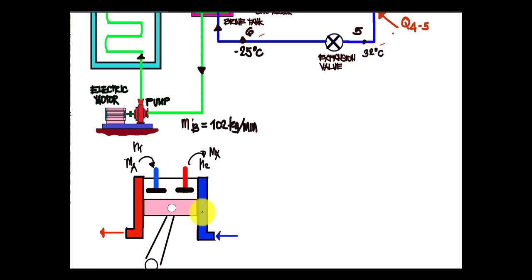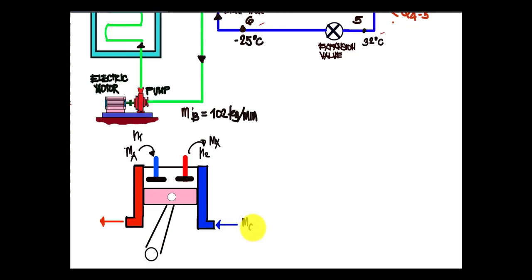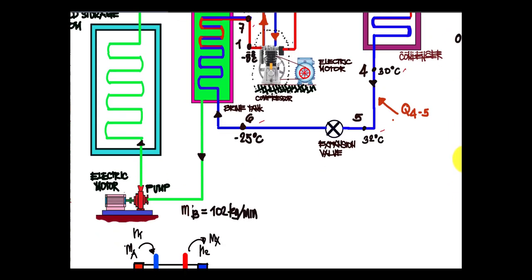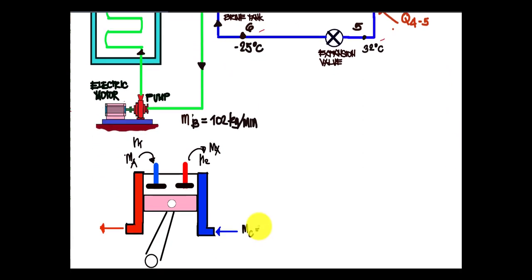We have the corresponding mass flow rate of jacket water, MC, which is equal to 5 kilograms per minute. Writing that here, 5 kilograms per minute, and this is also what is leaving.